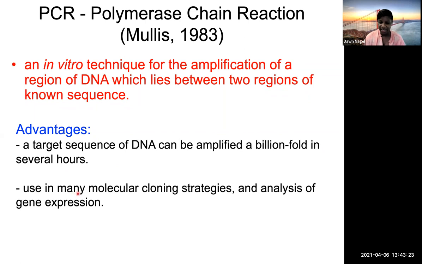And you can use any type of molecular cloning strategies and analysis for gene expression that you want, right? So instead of isolating your DNA by using restriction endonucleases, now you're using PCR and saying, okay, this is what I want. I need to be able to clone this particular region.